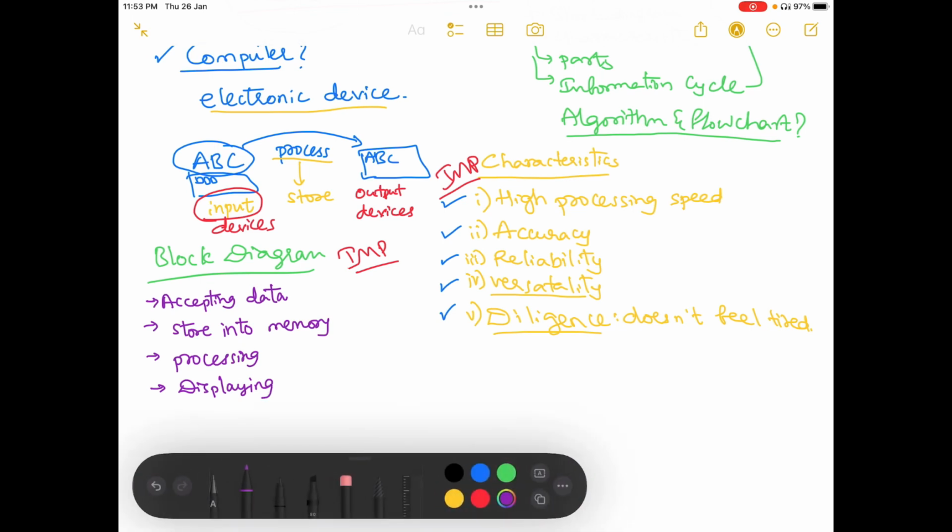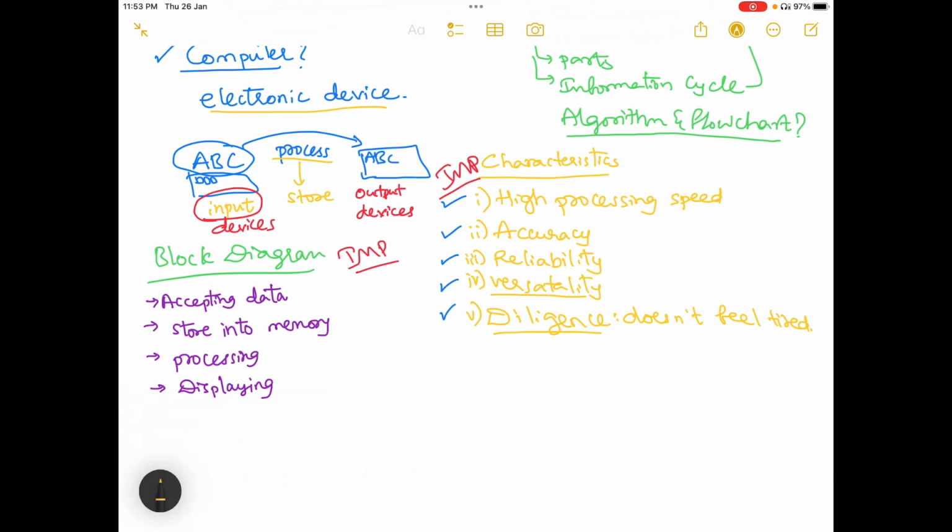Now here you need to remember some things. So whenever it is accepting data, we are calling it input. Storing it into memory, it uses memory devices.